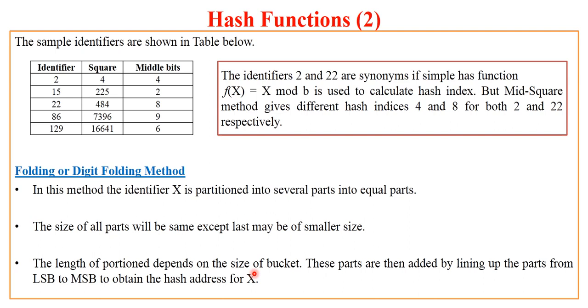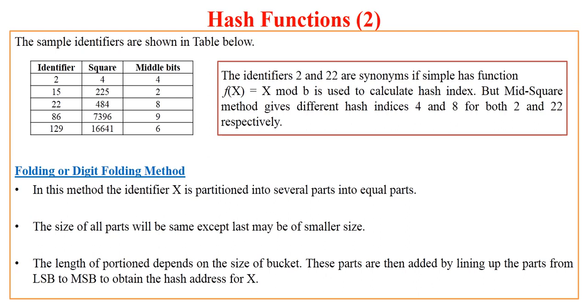So if we have a bucket size of, for example, 2-digit representation, then 0 to 99 is the valid range, so 2 digits will be the proper length of the partition size.